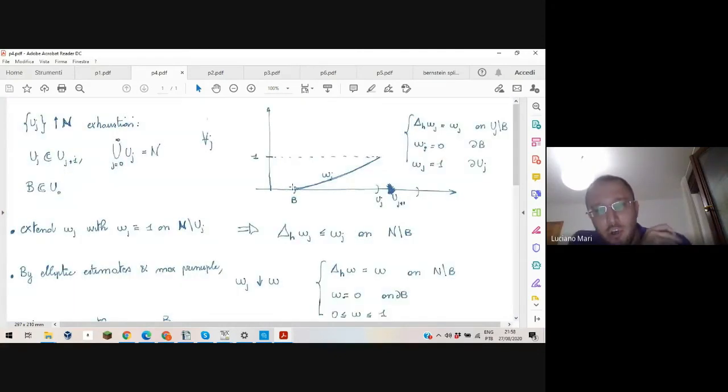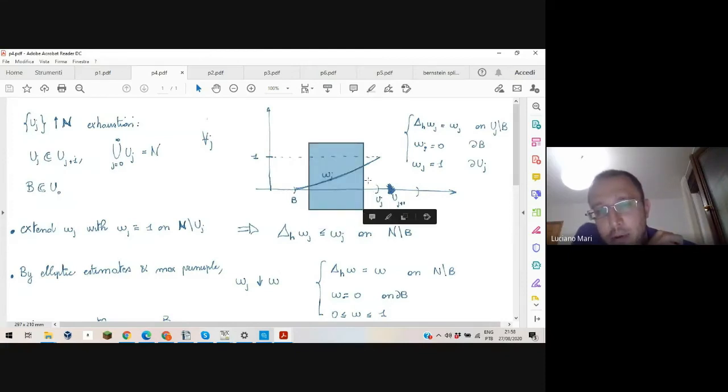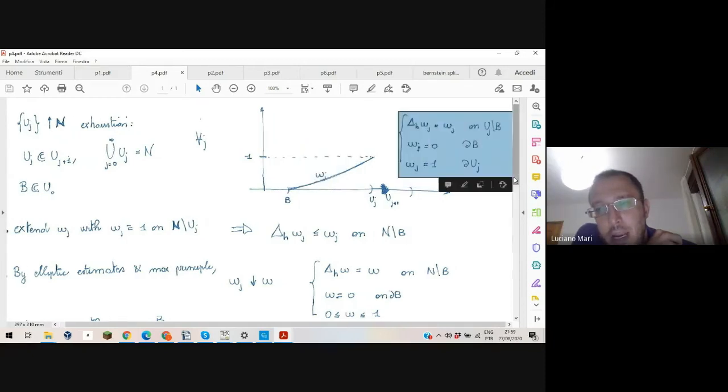And on each omega U_j, we solve the following problem, getting a solution omega_j: Laplace of omega_j is equal to omega_j on U_j minus B, with boundary values 0 and 1.